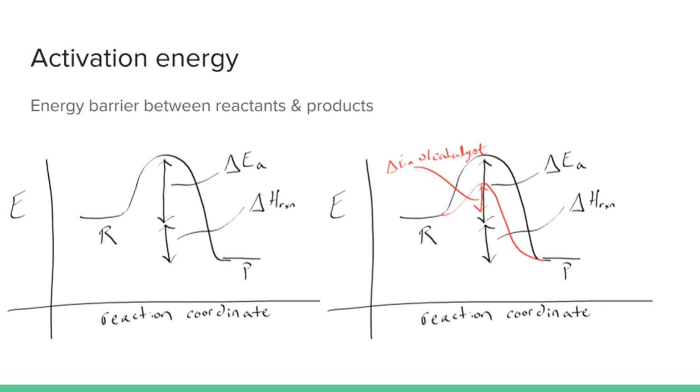We won't go into the detail that is at the end of the chapter, but here we have a picture of a reaction coordinate, and the vertical axis is energy. Reaction coordinate just means how far has the reaction proceeded.